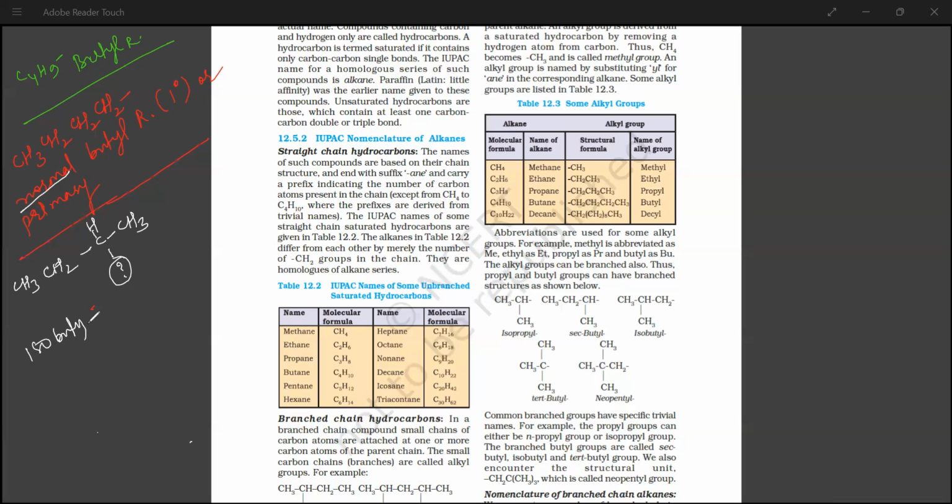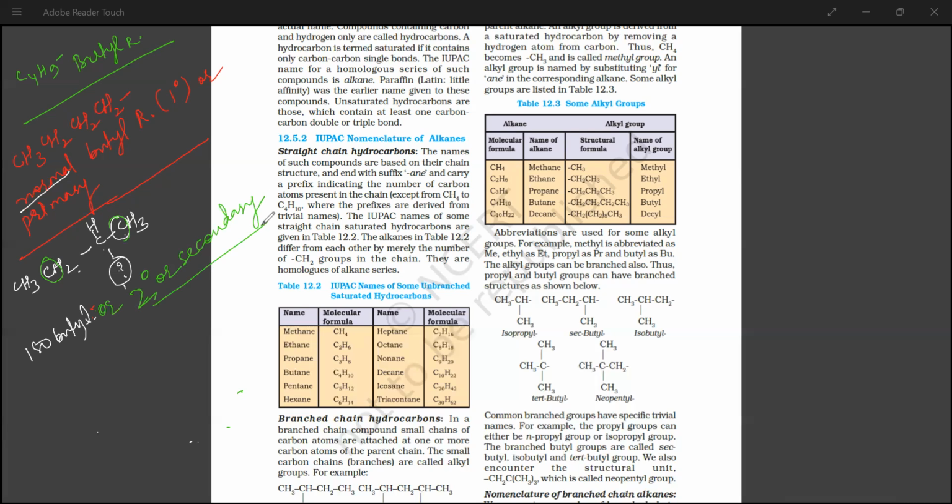Because here the carbon which is having the vacant site is further attached with 2 more carbon atoms. This is one and this is another. So it is isobutyl, or you can say 2 degree or secondary.